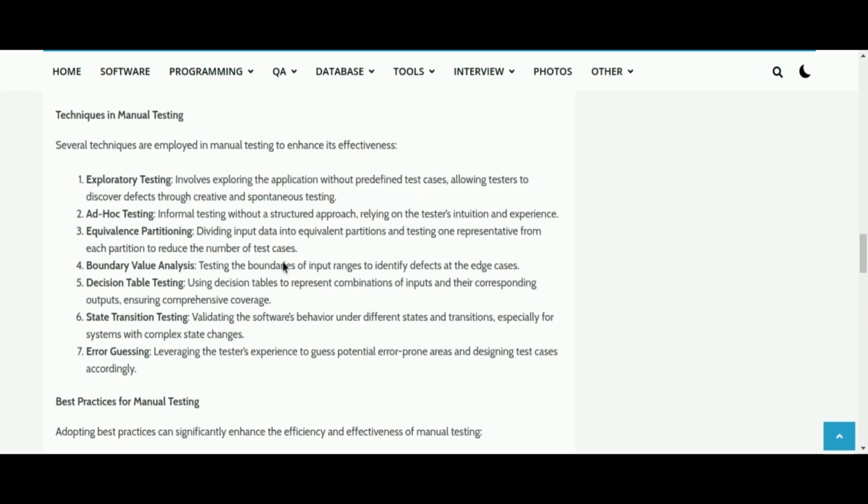What is equivalence partitioning? Equivalence partitioning, as I have already said, is dividing the input data into equivalence partitions and testing one representative from each partition.